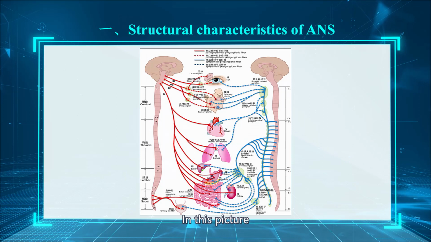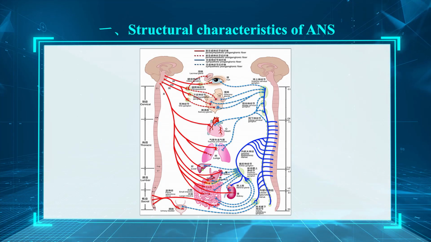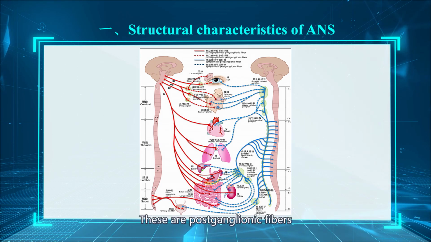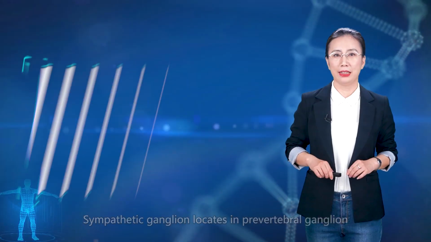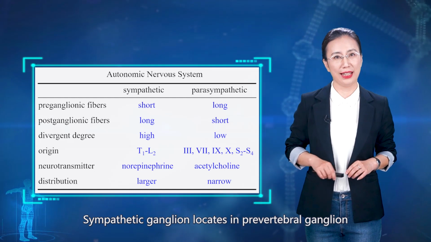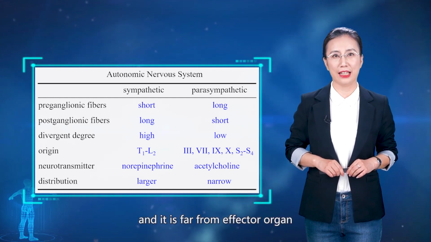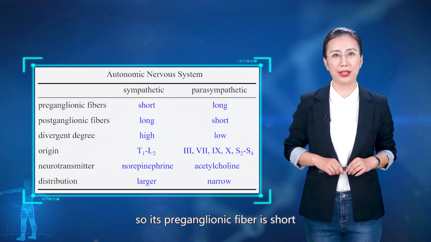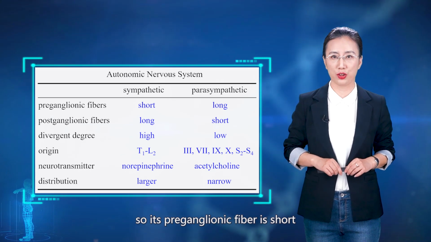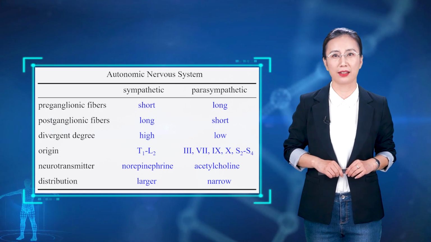In this picture, these are preganglionic fibers. These are postganglionic fibers. The sympathetic ganglion is located in the prevertebral ganglion and is far from the effector organ, so its preganglionic fiber is short and the postganglionic fiber is long.